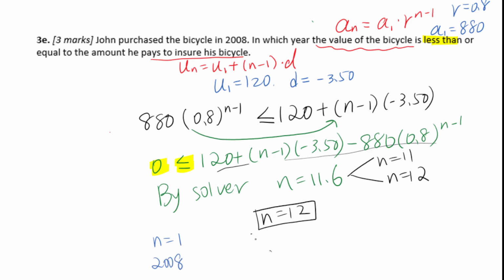Then for n equals 12, we add 11. 2008 plus 11 will be 2019. In the year 2019, the value of the bicycle is less than or equal to the amount he pays to insure his bicycle.